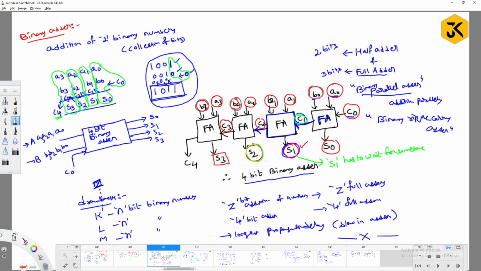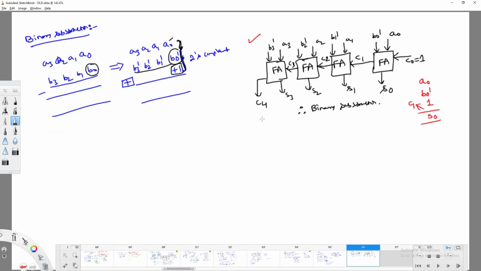Is there any chance to combine the binary adder and binary subtractor in the same circuit? Yes, it is possible. In the same circuit, we can perform adder as well as subtractor.